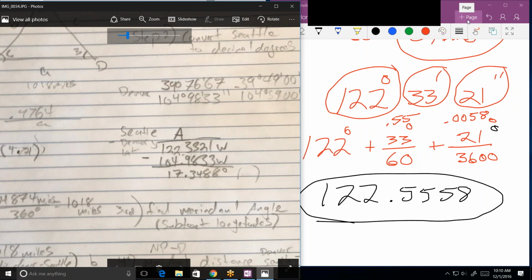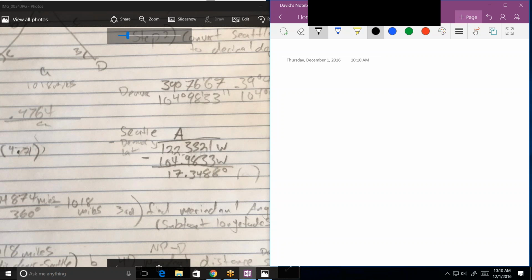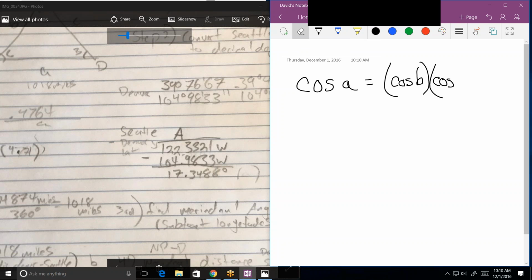Okay, what is it? What's the general form? So it starts with cosine lowercase a, equals, parentheses, cosine lowercase b, parentheses close, cosine lowercase c, in parentheses, plus sine lowercase b, sine lowercase c, and then cosine capital A. Then cosine of A. Wow.